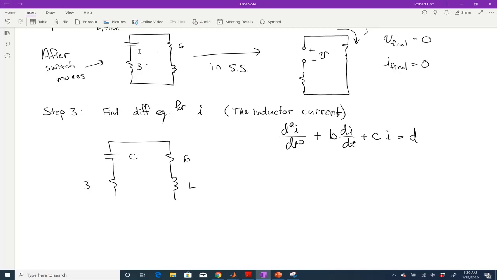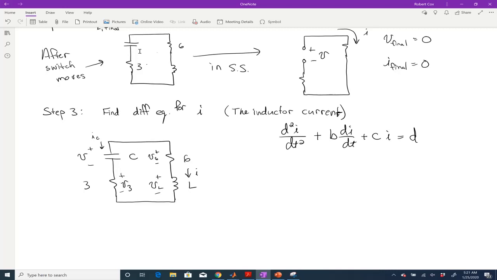And we keep the same definitions we had all along. This is VL. This is V. This is IC. This is I over here. This is V6. This is V3.